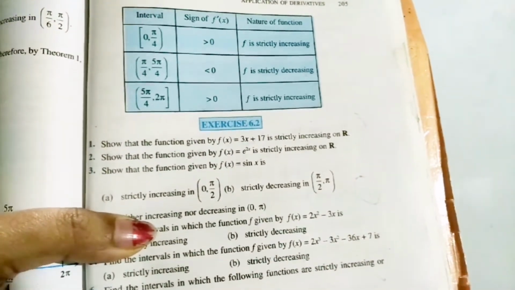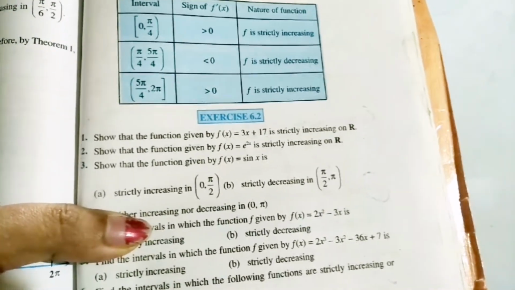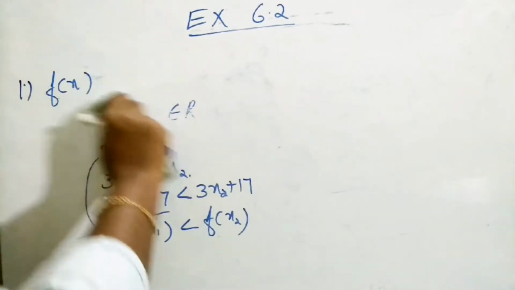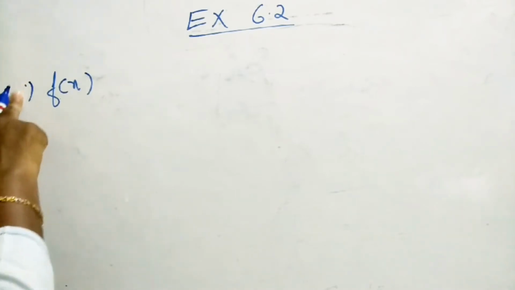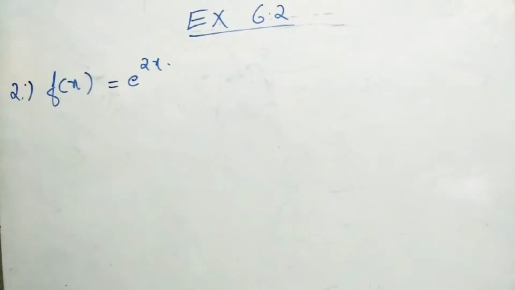Show that the function given by f of x is equal to e raised to 2x is strictly increasing on capital R. That we need to prove.